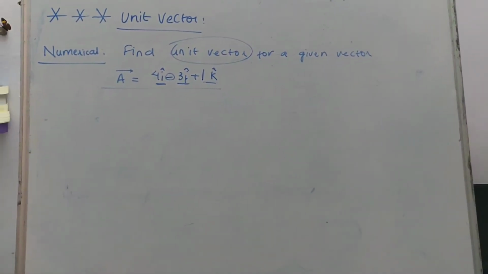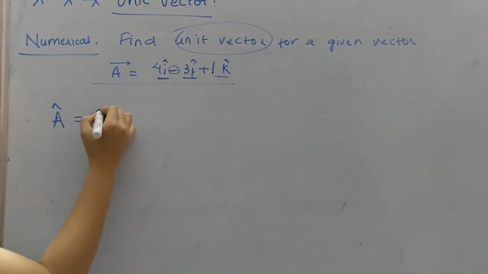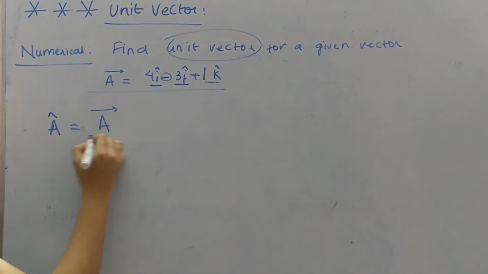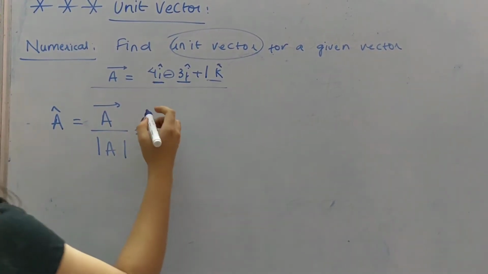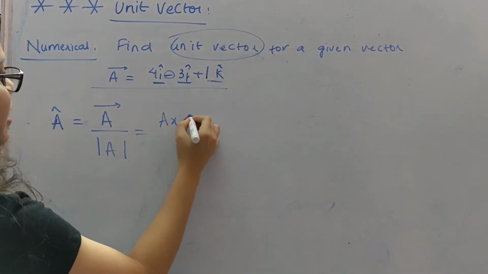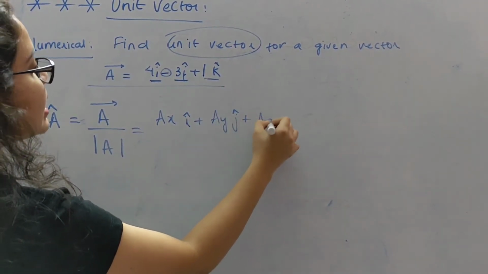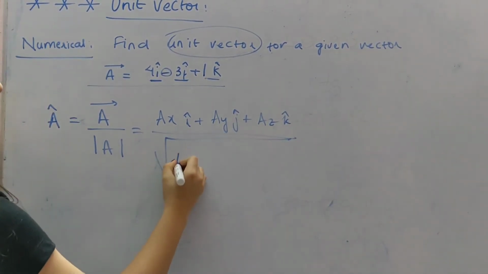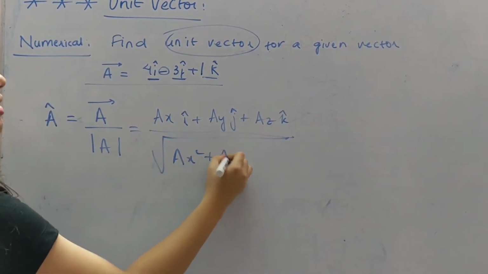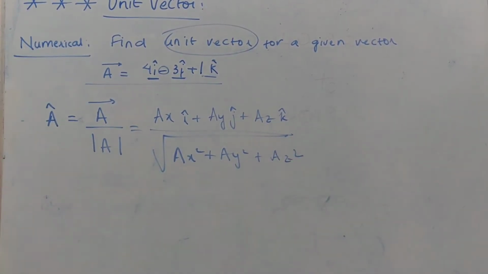Now I have just given you the formula of a unit vector, which is the vector divided by the magnitude of the vector. How did we write this? We wrote this as Ax into i cap plus Ay into j cap plus Az into k cap whole by root of Ax square plus Ay square plus Az square.